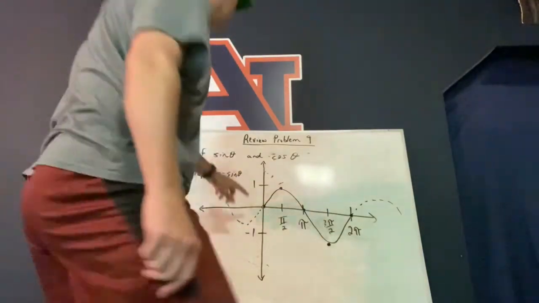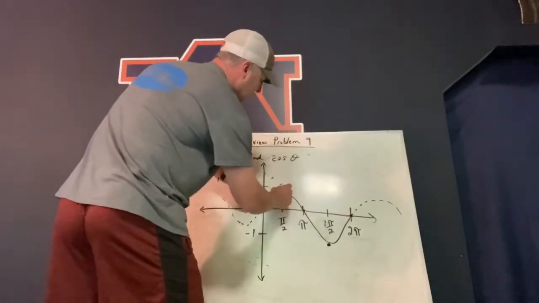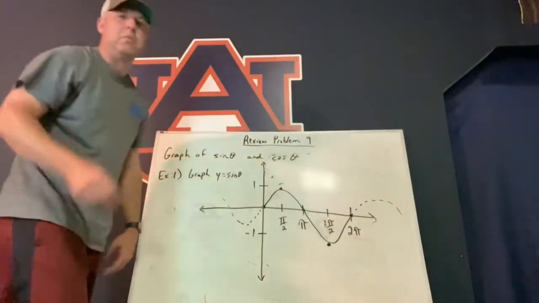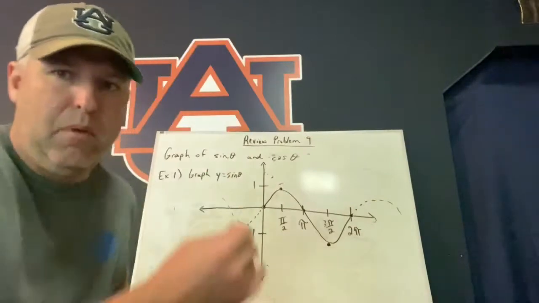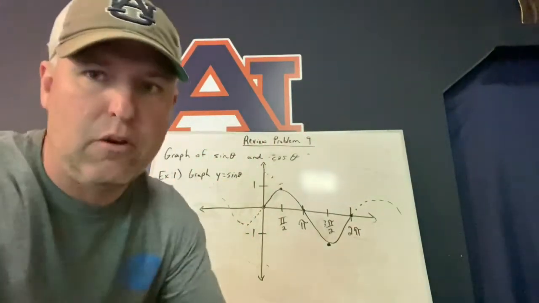So it completes a full cycle of everything. Up to max, back to an intercept, down to a min, back to an intercept. So it's got intercepts, max, and minimums, okay? And that is what we call a complete cycle.